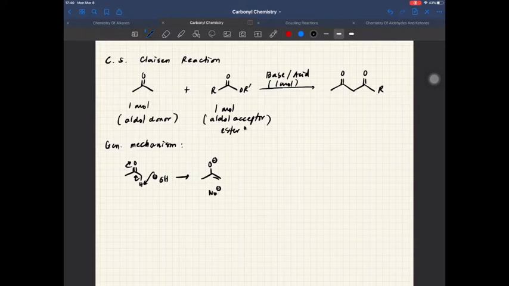So remember that esters and carboxylic acid derivatives can undergo nucleophilic acyl substitution. What happens here is nucleophilic acyl substitution forming a tetrahedral intermediate. So what we have here is this alkoxide tetrahedral intermediate.